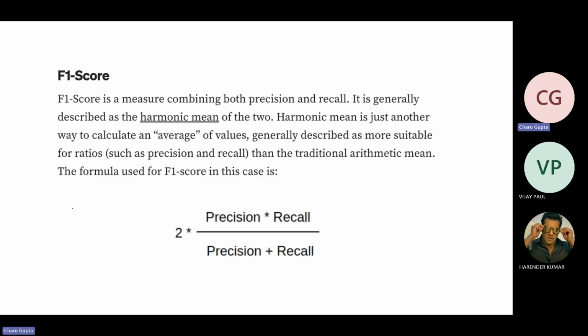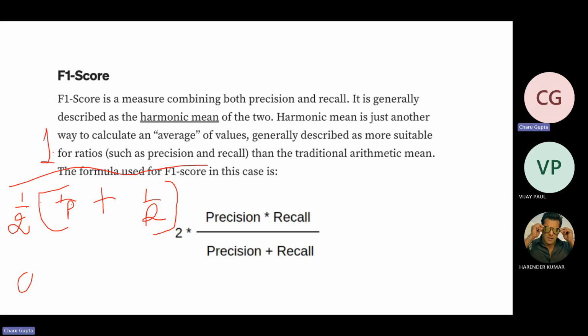Next is F1 score. This is a very important formula, which is the harmonic mean of precision and recall. So this is like 1 upon precision plus 1 upon recall. I'll take its average, divided by 2, and then I will take its reciprocal, so it is 1 upon that.